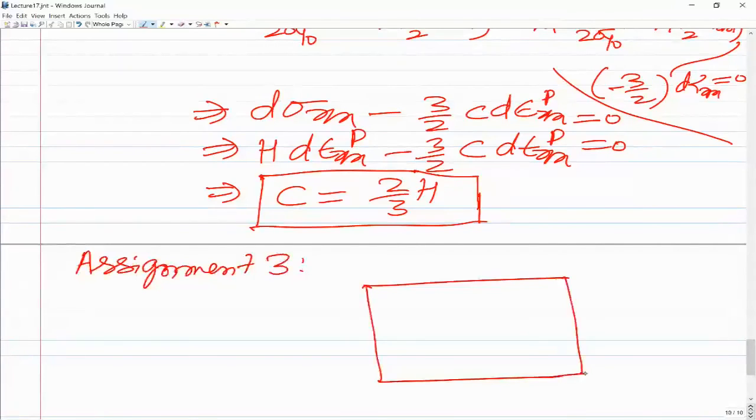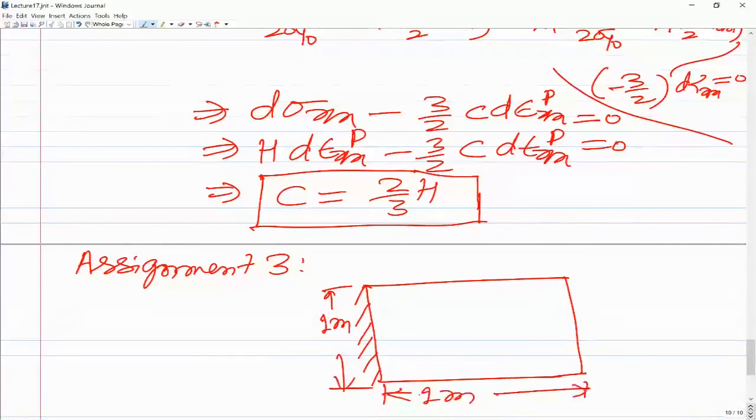So let us say you have a plate fixed at one end. It's a square plate. Dimensions are 1 meter by 1 meter, and one edge is subjected to this load which is 60 Newton per meter.